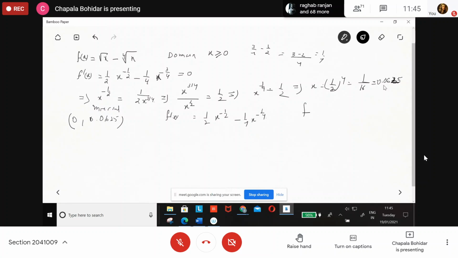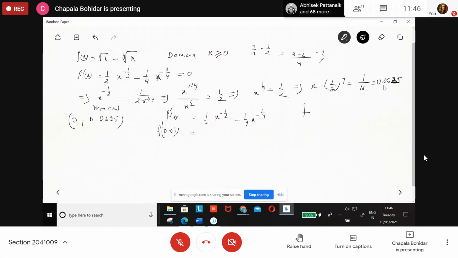I can consider f dash of 0.01 and find it out. Does it lie in between 0 and 0.0625 or not? I'm asking you.